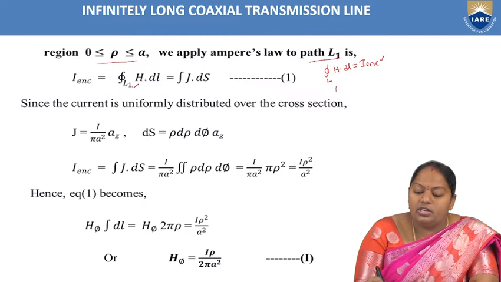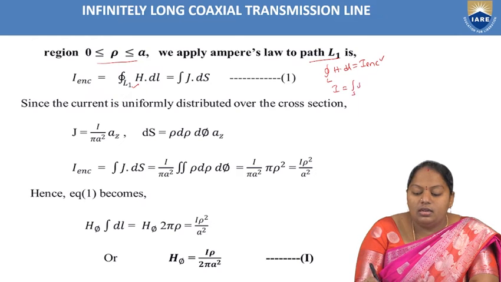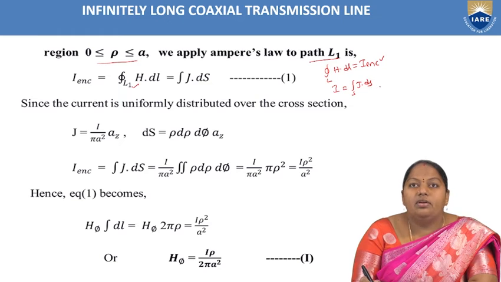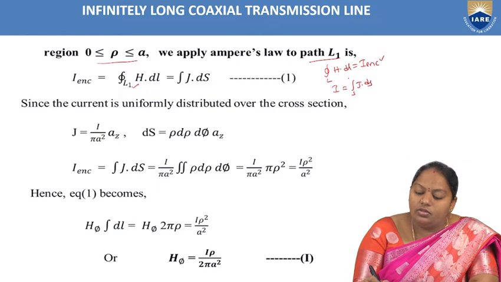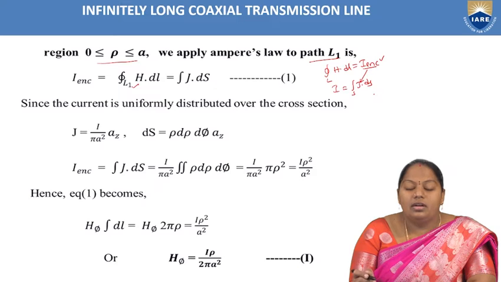We know that the relation between the current and its density is I equal to the integral over S of J dot ds. If we equate these, I enclosed is equal to the integral over S of J dot ds. So I enclosed equals the closed line integral over L1 of H dot dl, which is equal to the integral over S of J dot ds.